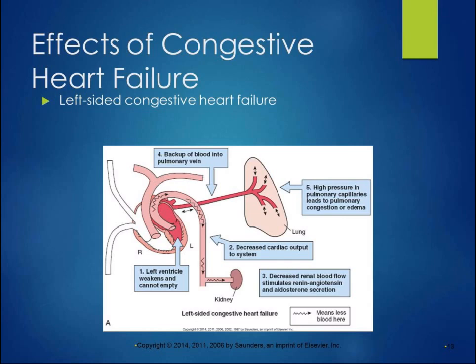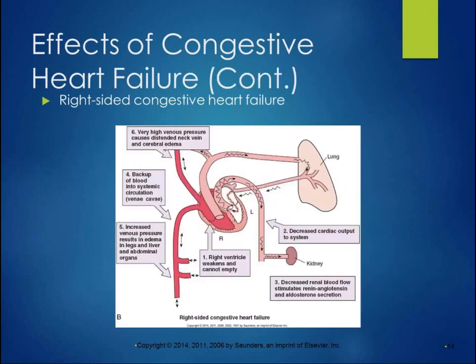It increases your peripheral resistance, making it even harder for your heart to pump. So you get backup of blood into the pulmonary vein, and high pressure in the pulmonary capillaries leads to pulmonary congestion or pulmonary edema. So that's the pulmonary congestion from the left-sided congestive heart failure.